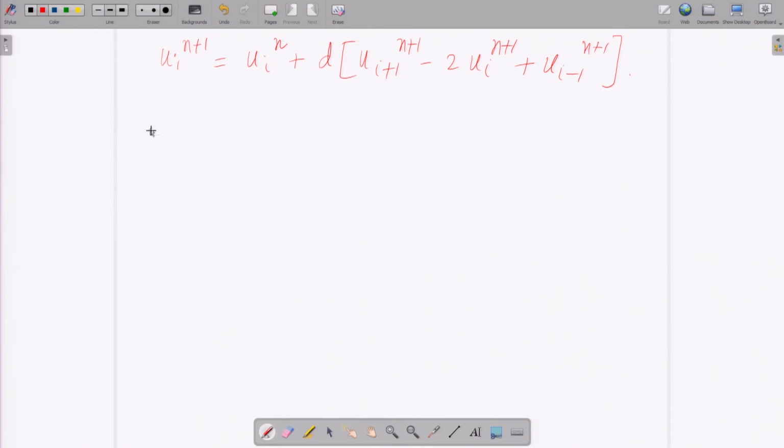So, let us do that. We would write this as u^(n+1) e^(I theta i), and then likewise for the remaining terms.